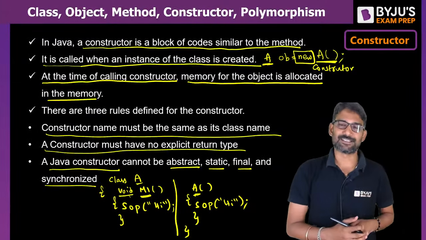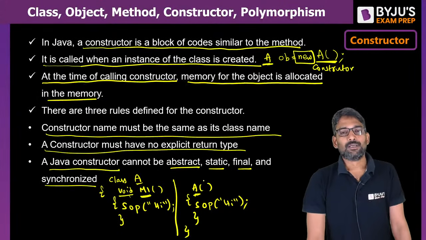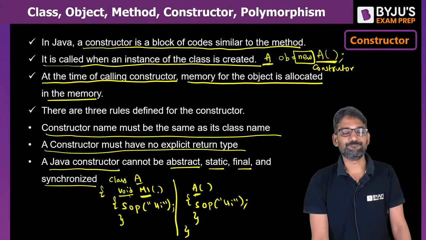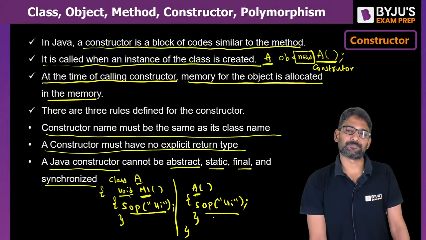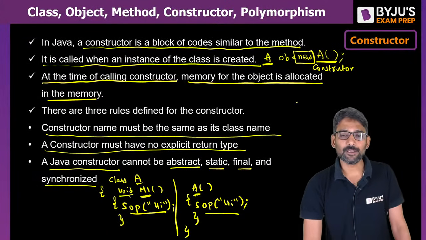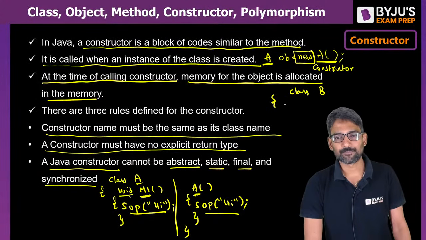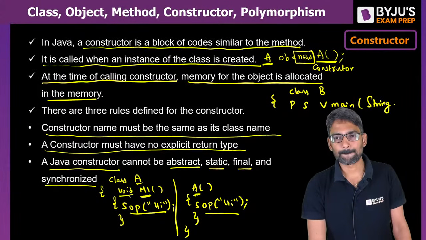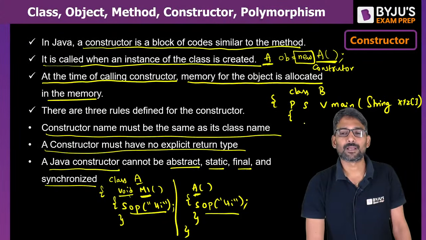We will discuss them later, not everything in a single class. But both print hi only. How? If you want to invoke method M1, let's say class B, where I am writing public static void main, and here let's say I am creating an object for A, ob.